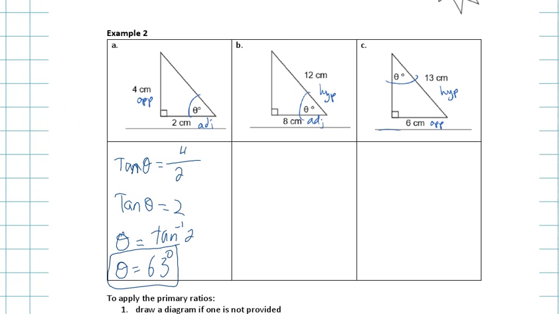So cosine theta is equal to, what's the adjacent? 8. What's the hypotenuse? 12. So what's 8 over 12? 0.6. Remember I have to leave it to 4 decimals, so 0.6, then 6, 6, and 7 at the end.